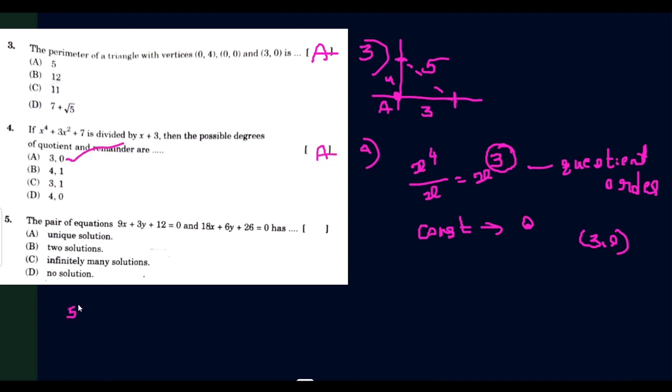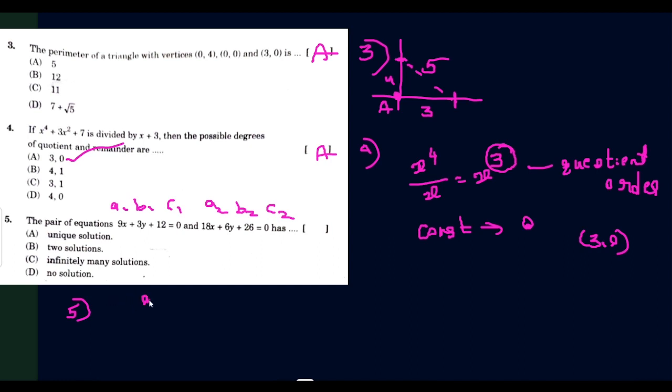Now, the fifth one. A pair of equations, two equations they are given, and they're asking what happens here, right? So we have the A1, B1, and A2, B2, and A3, B3 conditions. Let's see. First, these are all A1, B1, C1, and these are all A2, B2, C2. Now let's write it as A1 by A2, B1 by B2.